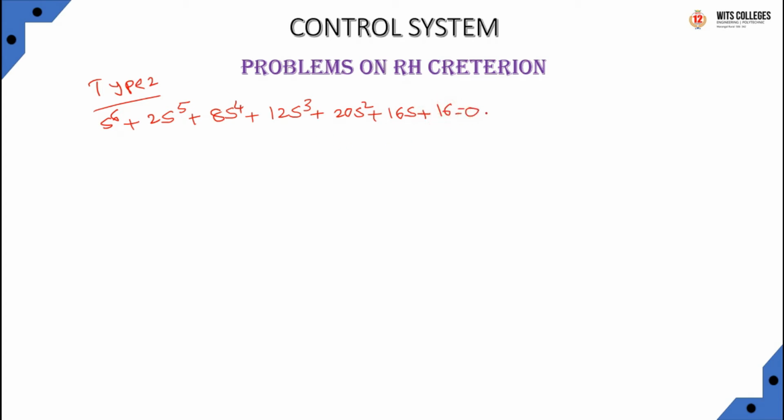Here we find the stability by using the RH criteria. First, we know that the poles are located on the left side of the s plane.